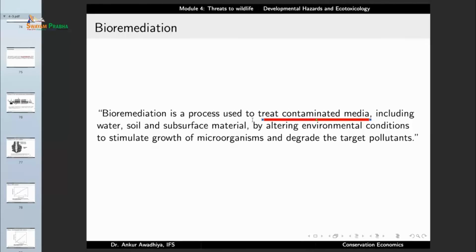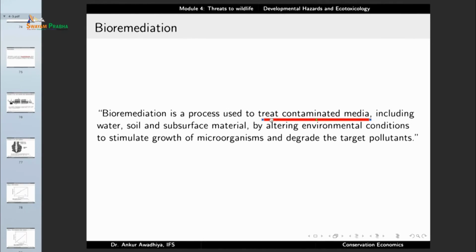Now, in the case of bioremediation, what will be done is that the microorganisms that can eat up these oil spills will be introduced into the area and probably certain nutrients will be added to the area to promote the growth of these microorganisms. And when you have these microorganisms, they will act upon the oil and they will eat up the oil. So this is an example of bioremediation.